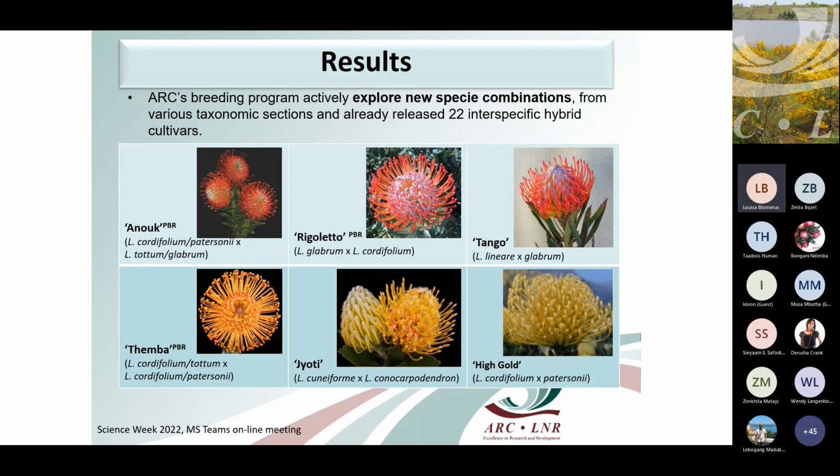Cordifolium pattersoni as female parent was used, and it was crossed with the genetics of tottum and glabrum in the background of the father. So there's Rigoletto, Tango, Temba, Ayoba, and High Gold. All very, very popular cultivars in the industry.